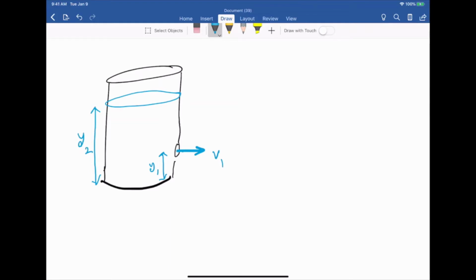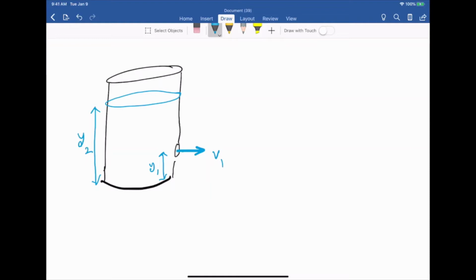Well, when you apply Bernoulli's equation, the strategy is always to choose two convenient points and use the fact that p plus half rho v square plus rho gy would be the same when evaluated at those two points. You can choose any two points you want, but it's convenient to choose points for which we know something.